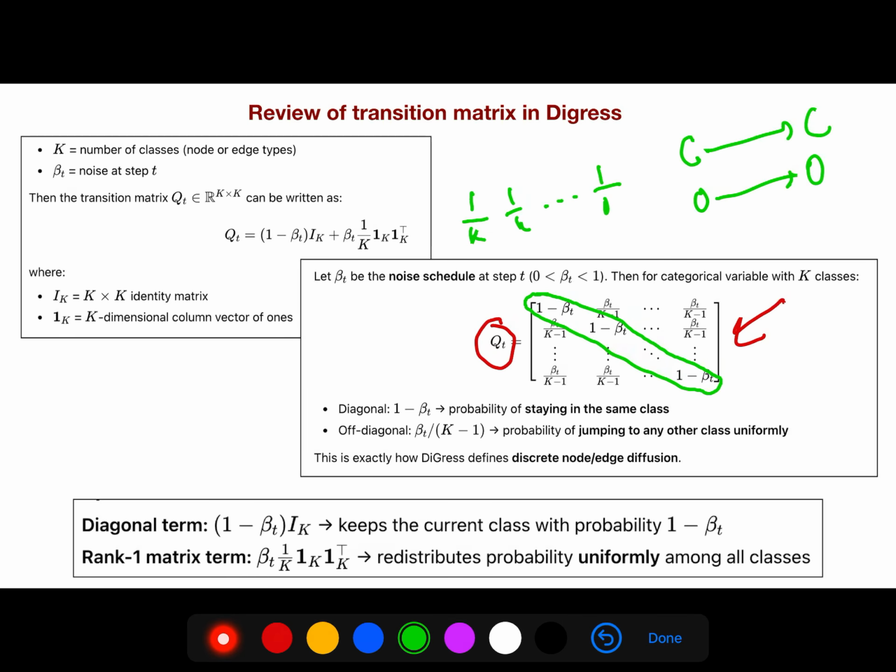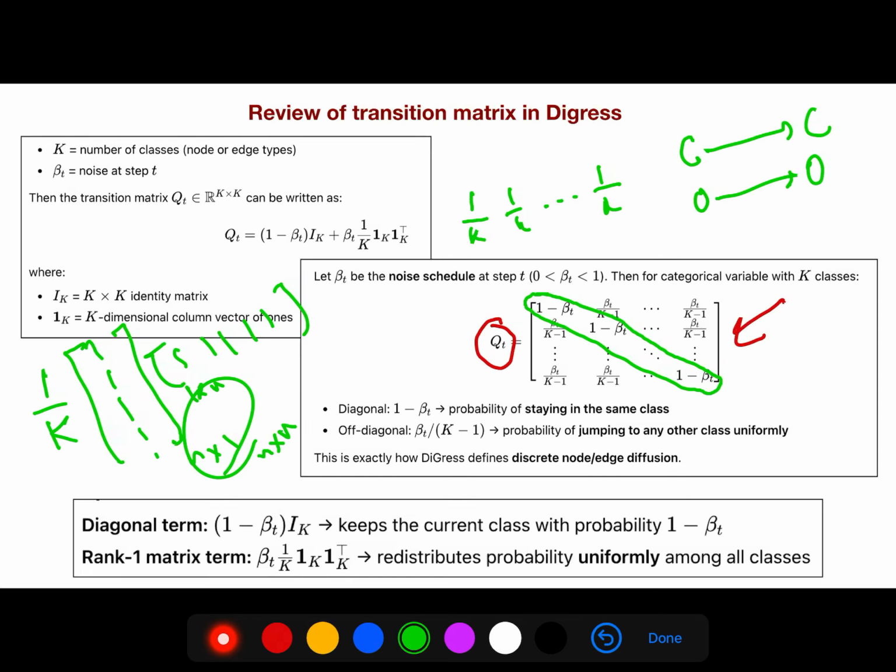So it's a uniform distribution. 1 over K times 1_K, which is just a column vector of all ones, multiplied by the transpose of that. So if it is n by 1 and this is 1 by n, we understand it becomes n by n, so it becomes a matrix, this matrix.